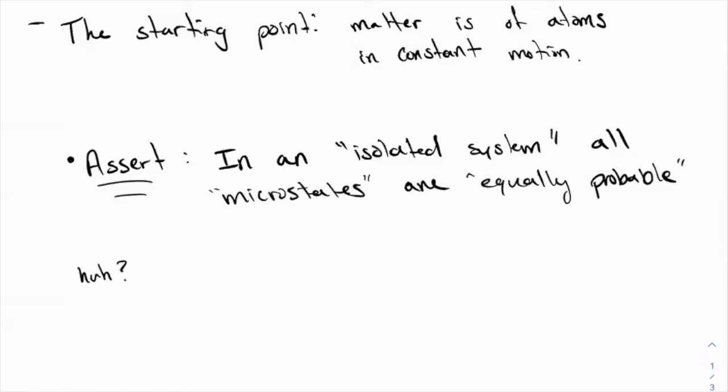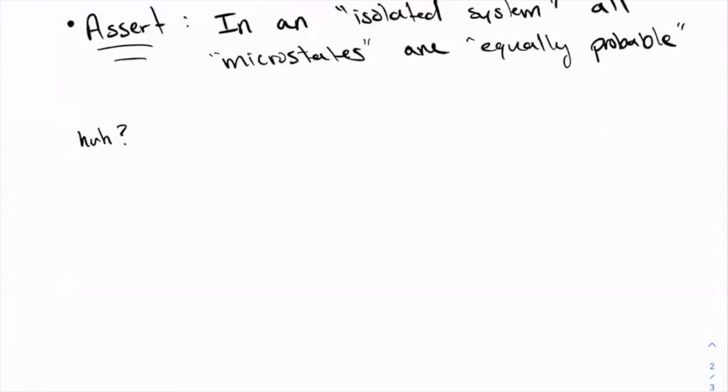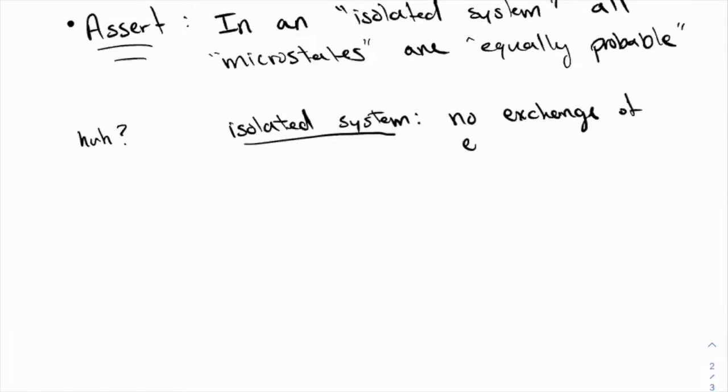So let's define those terms. What is an isolated system? An isolated system is one in which there is no exchange of energy, which we will often give the symbol E for, no exchange of mass or particle number, and no change in volume.